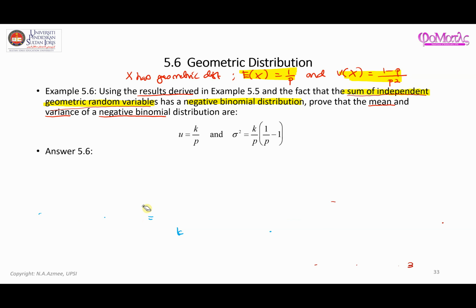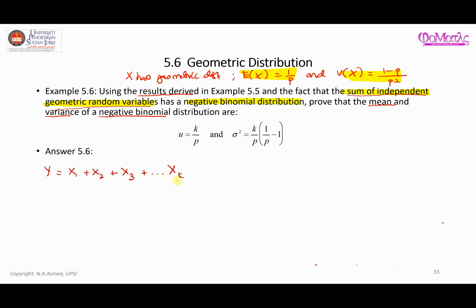Let us start by defining our negative binomial random variable. It can be written as, for example, Y, where Y is the first geometric random variable plus the second geometric random variable, and we keep on adding until the kth geometric random variable.